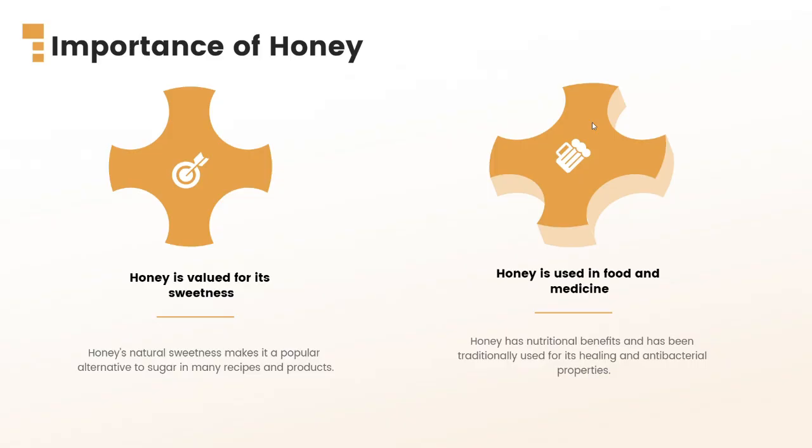Because it tastes good and natural, it is used as a healthy alternative to replace regular sugar in many sweet recipes. On the right side, honey is also used in food and traditional medicine. Many people believe that health benefits are offered by honey, and its traditional use to heal wounds because it has antibacterial properties.